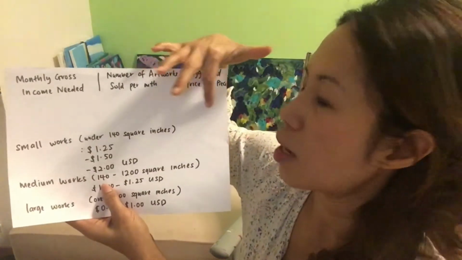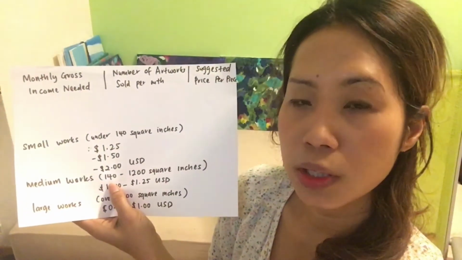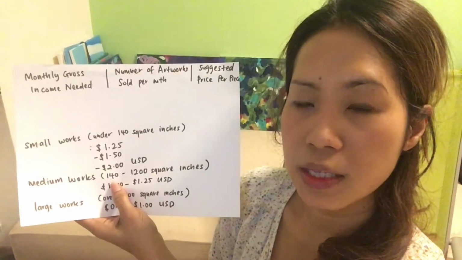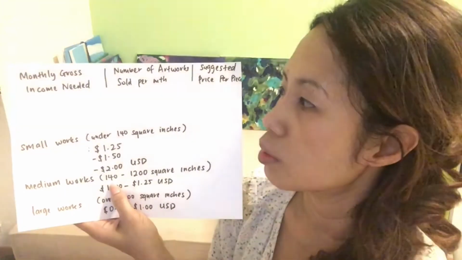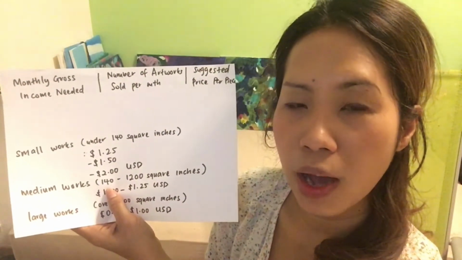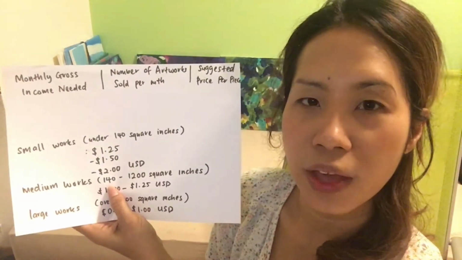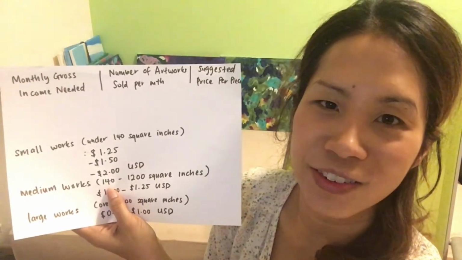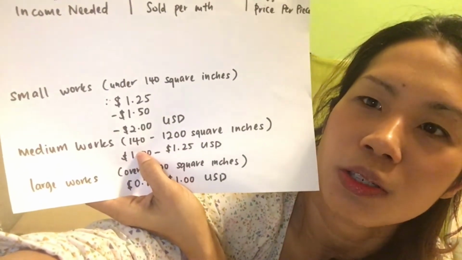Then you will be able to know how many paintings you need to sell in a month to reach your money goal. I haven't told you yet how to get to that money goal, but if you're good at math, I think you will be able to do it yourself. I'm also going to show you how.